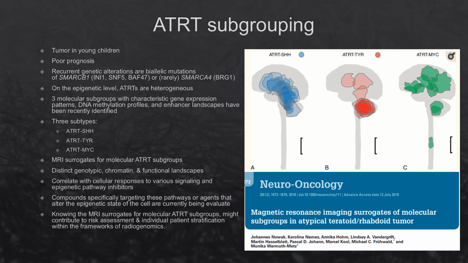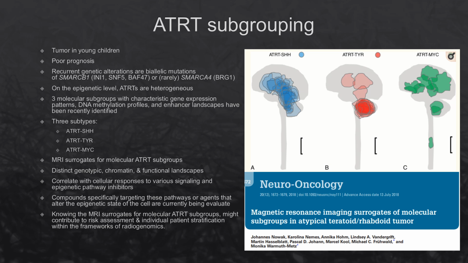Basically, in ATRT, there are recurrent genetic alterations of SMARCB1, or rather SMARCA4, but on a genetic level, they're very heterogeneous. And a study from a group in Germany has come up with three molecular subgroups: the sonic hedgehog type, the tyrosine type, and the MYC type.